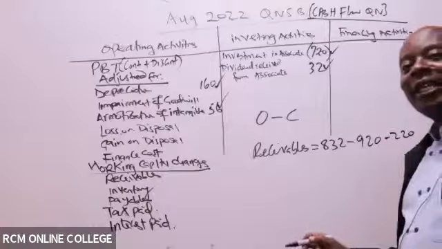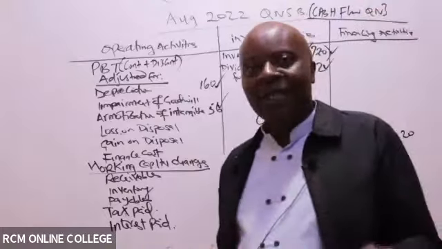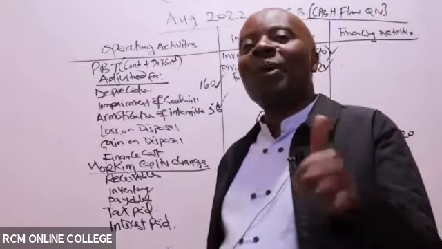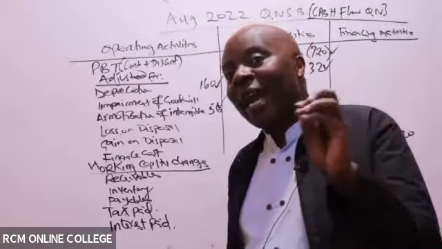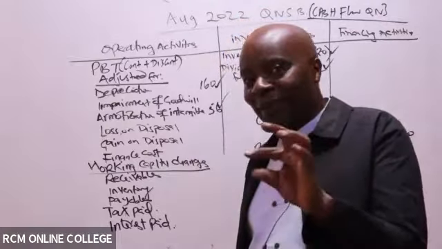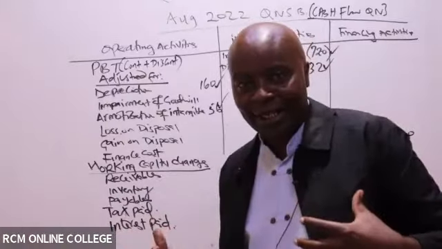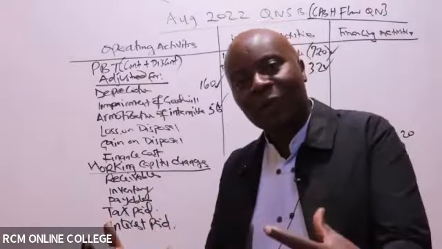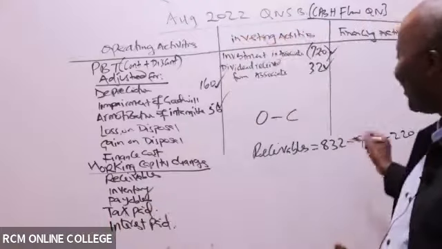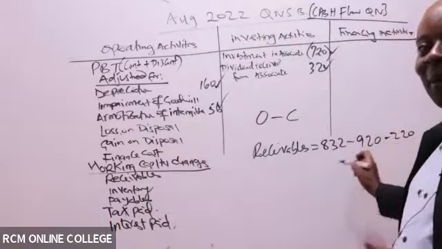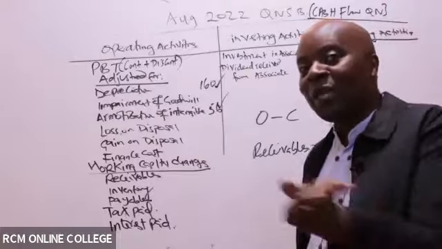There are two scenarios. They'll either give you a group cash flow question with an acquisition where you acquired a subsidiary, which comes with its assets and liabilities. If it was an acquisition, it would have added here. But if it's a disposal, what do you do? You deduct.